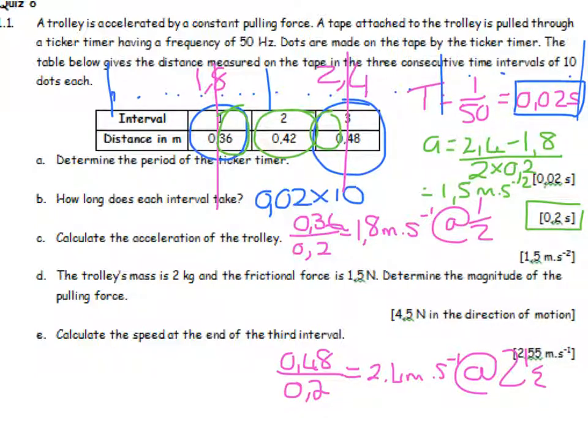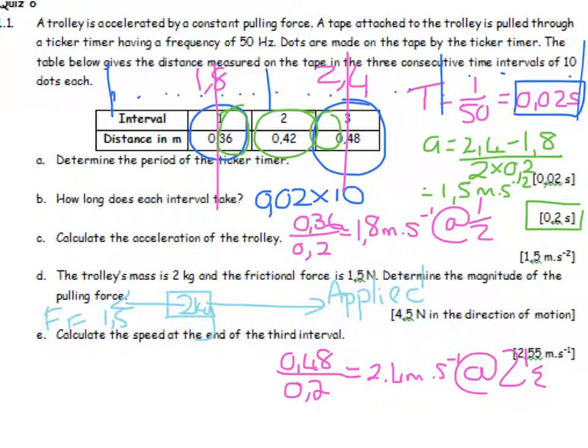Then it says the trolley's mass is 2 kilograms, frictional force is 1.5 newtons, so determine the magnitude of the pulling force. So here we've got this trolley. It's being pulled, that is the applied force. It's obviously got friction working against it, 1.5, and that's your frictional force, and it's 2 kilograms.